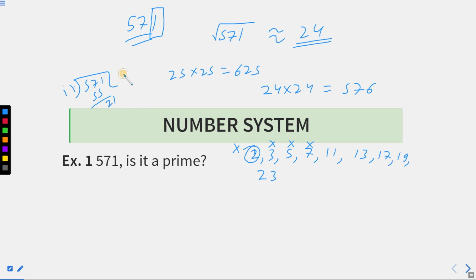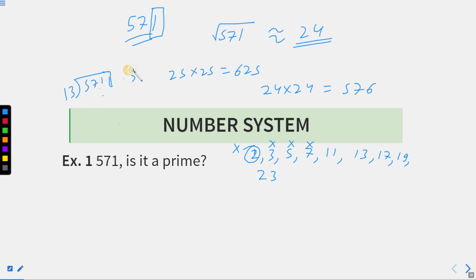Now for 13, we see 3 times 13 is 39 and 4 times 13 is 52, so it is also not divisible completely.